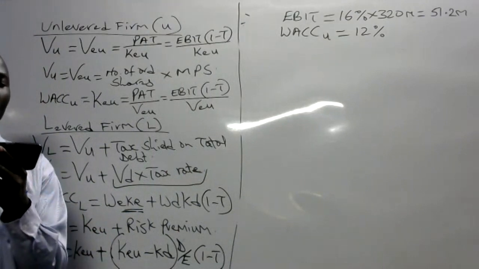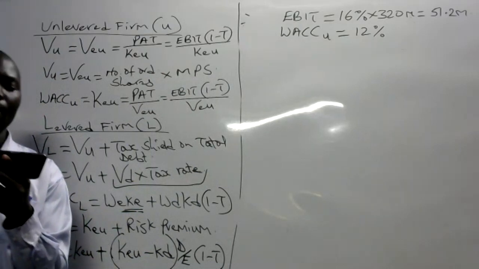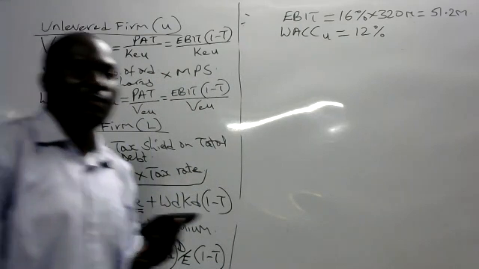Assumptions apply. Using the model without taxes, determine the current value of the unlevered firm.